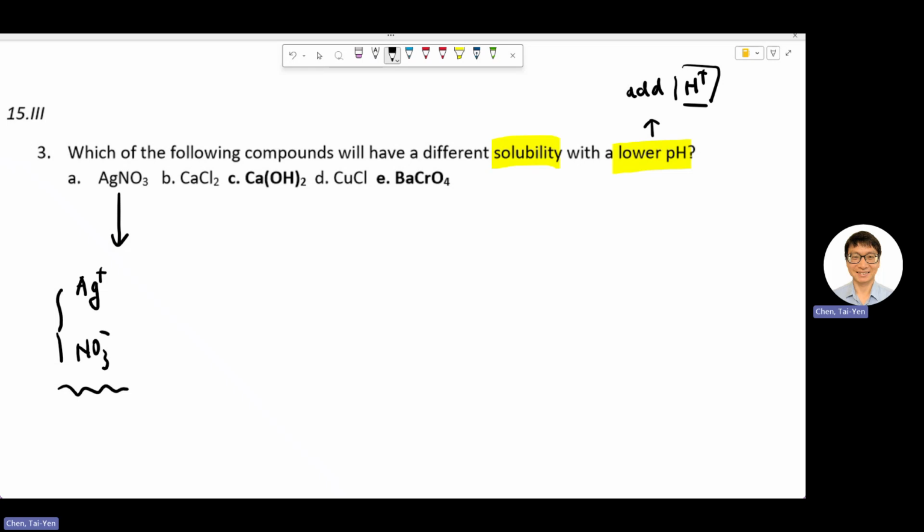its conjugated partner, right? Its conjugated partner will be HNO3. When I say conjugated partner, you either add one H plus or you subtract one H plus.